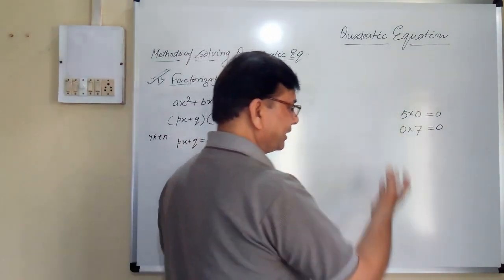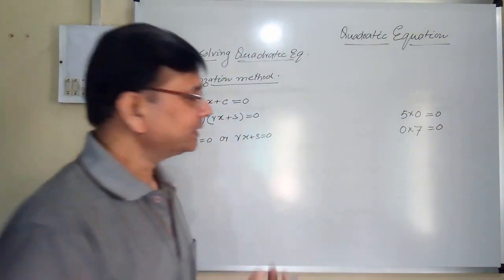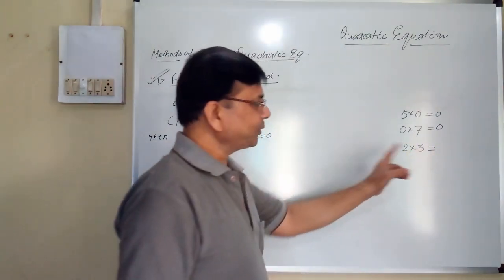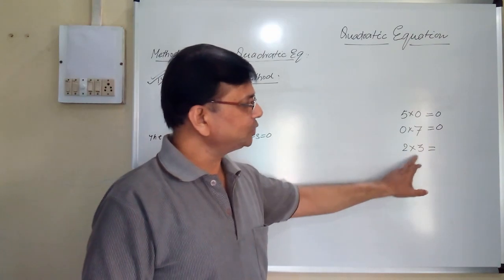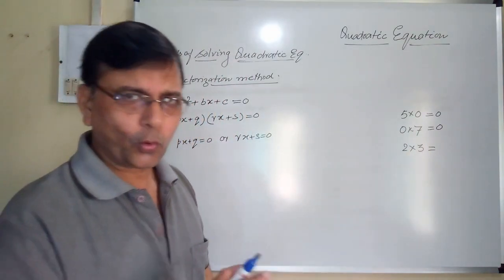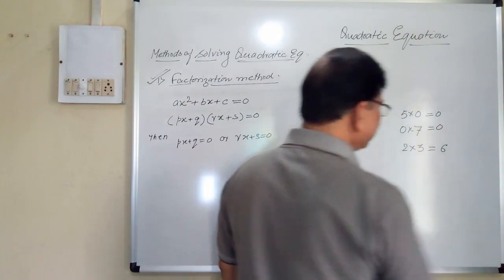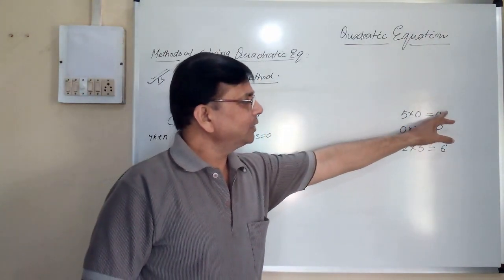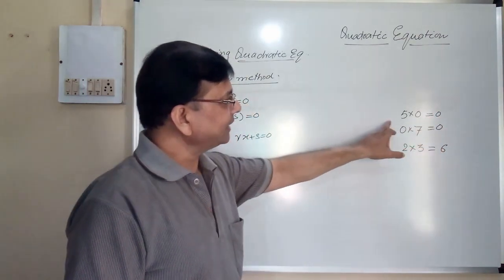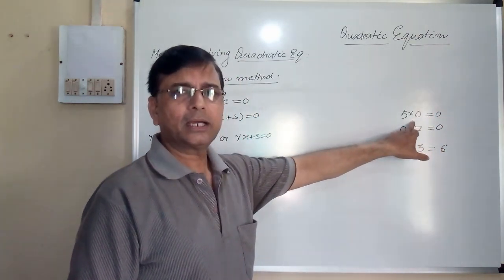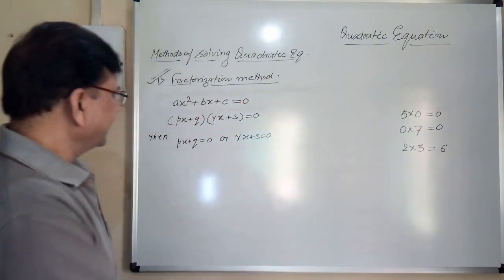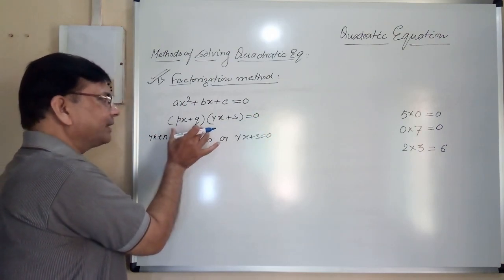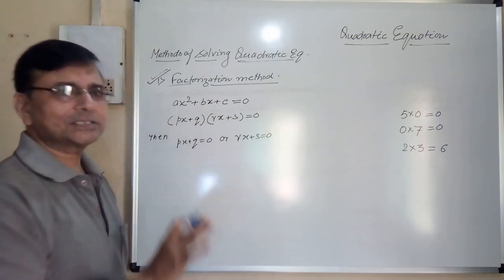Suppose none of these two numbers is 0, then suppose 2 into 3. Can the product be 0? No. So if a product of two numbers is 0, then at least one of these two has to be 0. Likewise, here product of two factors is 0, means at least one, this or this, has to be 0.